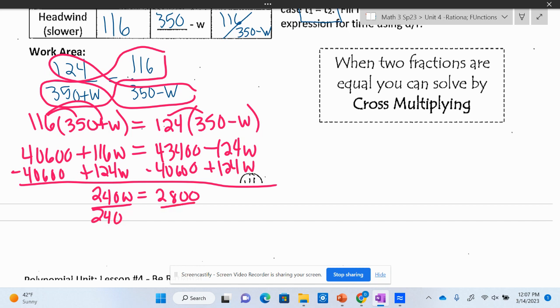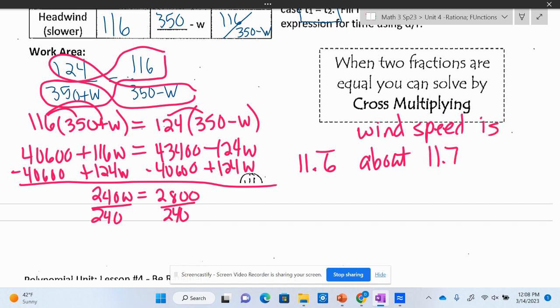And what do we get? 11.6 repeating. So we're finding the wind speed. So the wind speed is about 11.7 miles. It's about 11.7 miles.